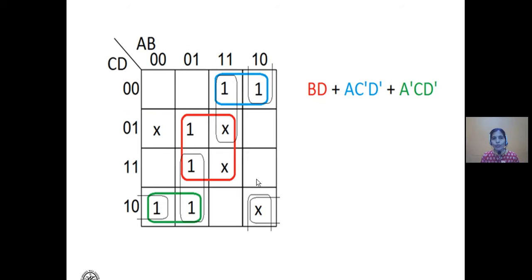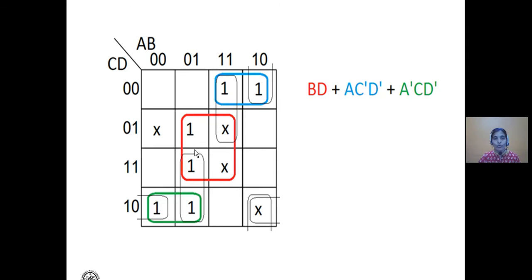Let's say we have a 4 variable K-map where there are 6 ones as shown in this particular example, and the colored groups are the groups which are necessary to form the group of ones in the biggest possible way. So if we look at the group in red, it is a group of 4 ones.